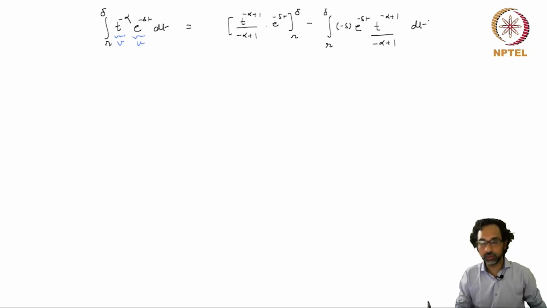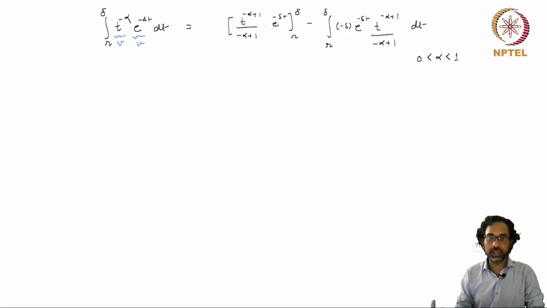This is what we get when we use the integration by parts formula. Now note that we had 0 less than alpha less than 1.